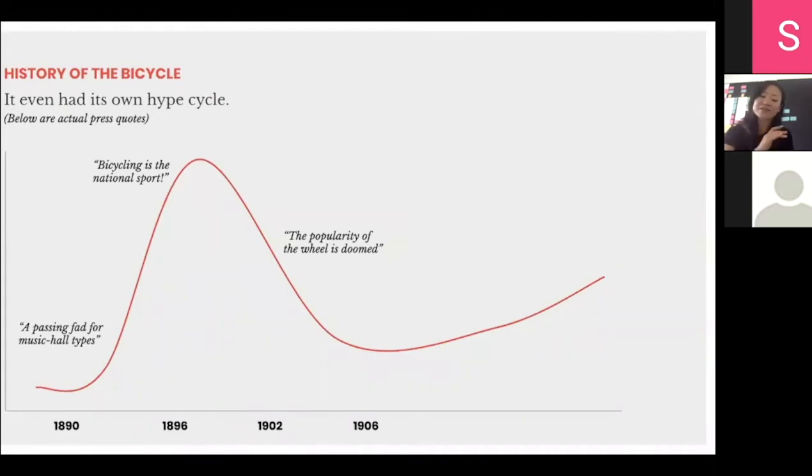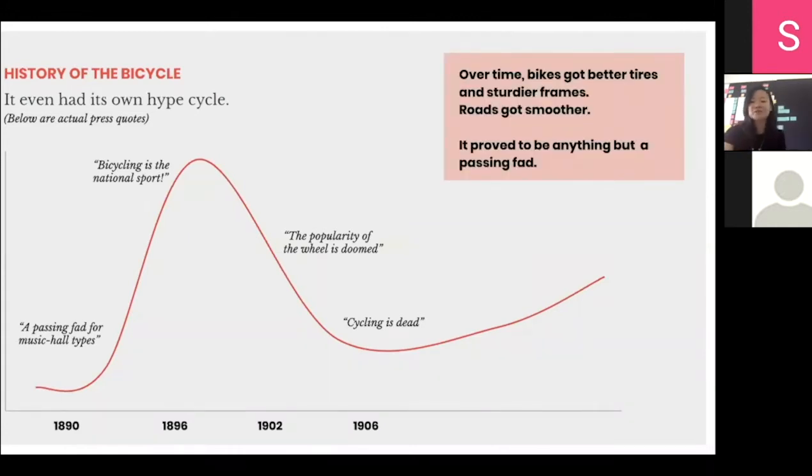In 1906, they said that cycling was definitely dead. But as we know now, this just wasn't true. Over time, bikes just got better and sturdier. Infrastructure like roads got a lot smoother, and it proved to be anything but a passing fad.